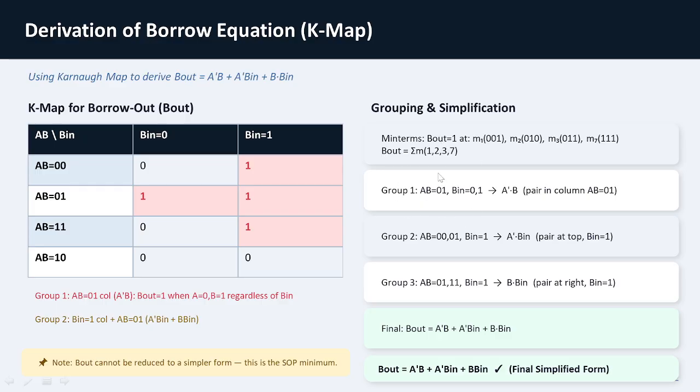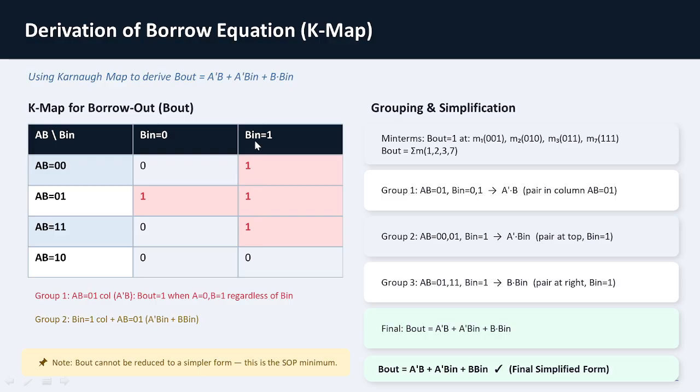After that, you need to group. When you group, you have adjacent ones here. Look here, you have three groups: 0,0 with 0,1, and 0,1 with 1,1.